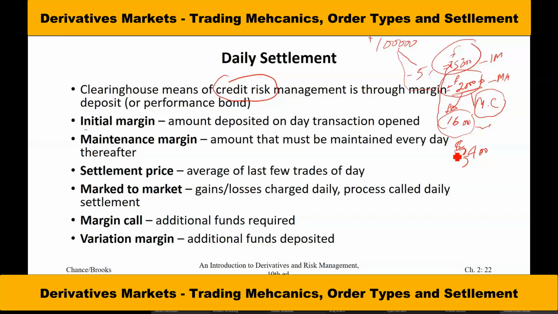So the difference is that in the stock market, you will be required to deposit 400 pounds so that your balance goes back to the maintenance margin requirement. But in the derivatives market, you are required to go back to the initial margin requirement.